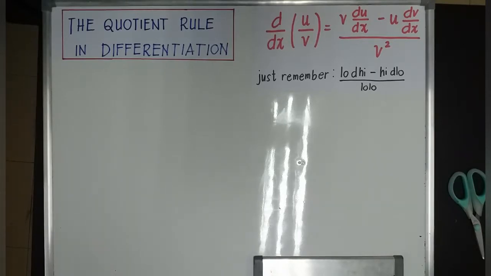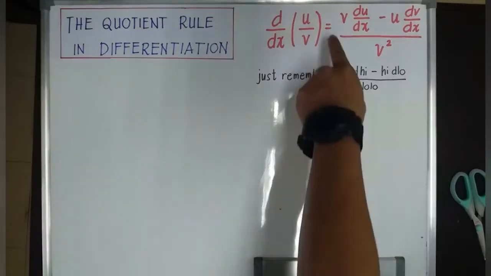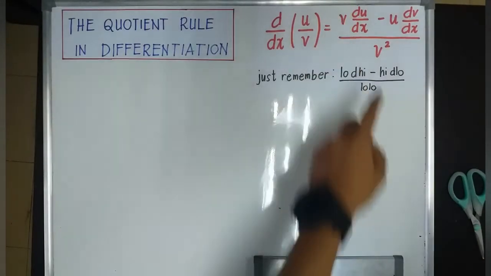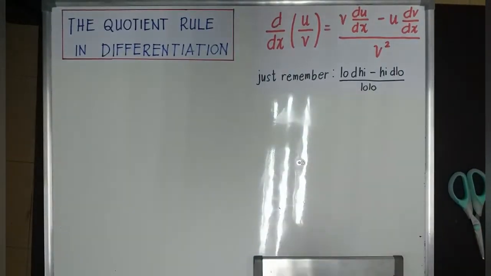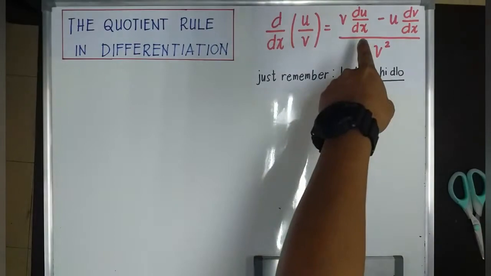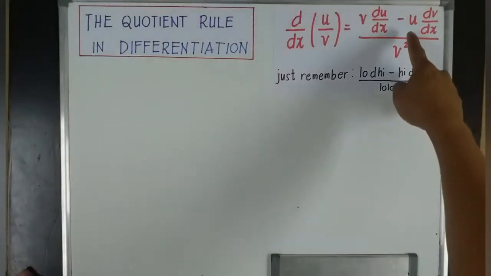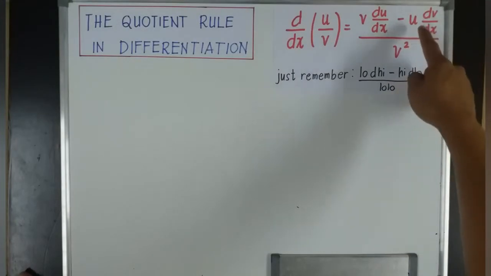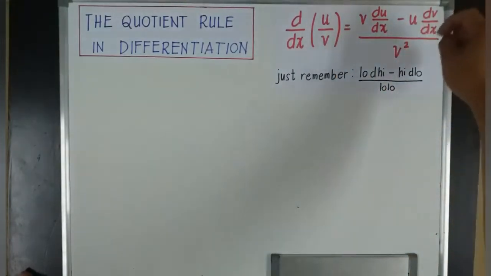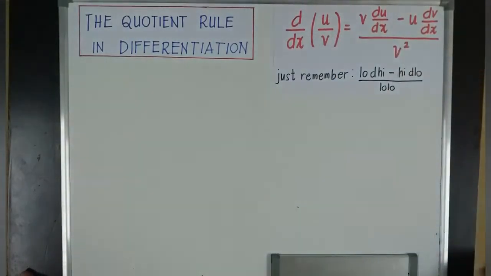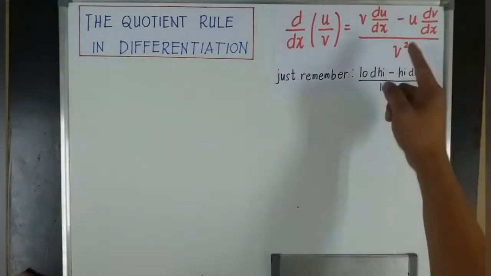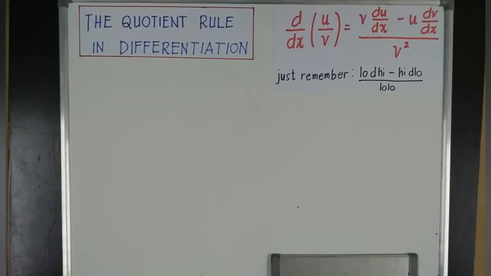It means if you are dividing two functions and you are differentiating it, it is equivalent to the denominator times the derivative of the numerator minus u, the numerator, multiplied by the derivative of the denominator, divided by the square of the denominator.